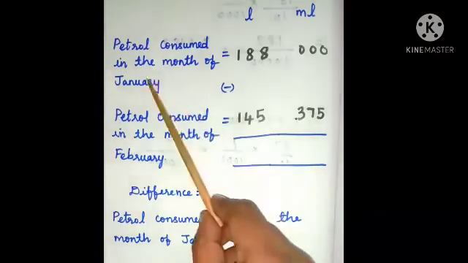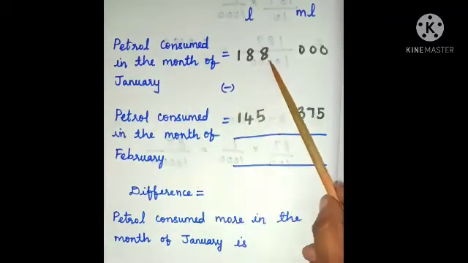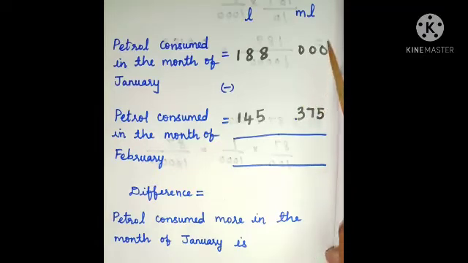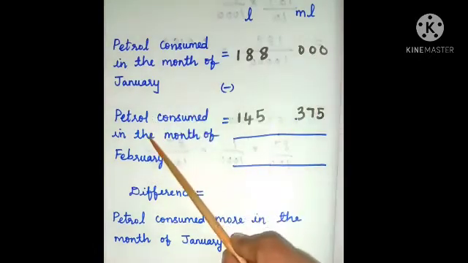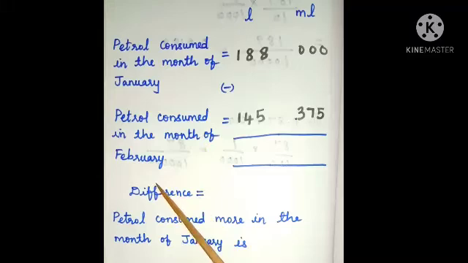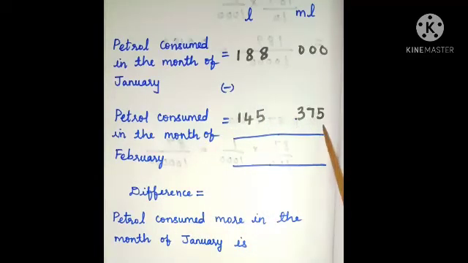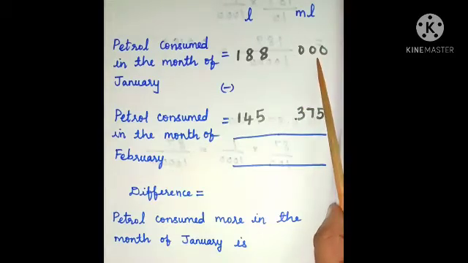So, write down petrol consumed in the month of January is 188 liters and there is no milliliters value, so write down 3 zeros in place of milliliters. And petrol consumed in the month of February is 145 liters and 375 milliliters. Here in the second value, there are 3 digits in the milliliters. That's why we are writing 3 zeros in the first value.